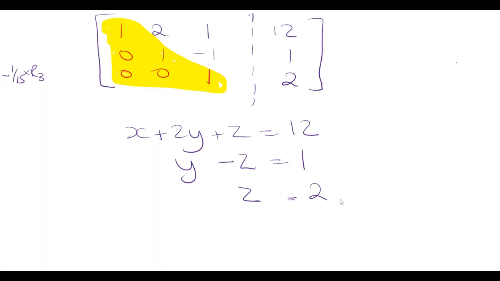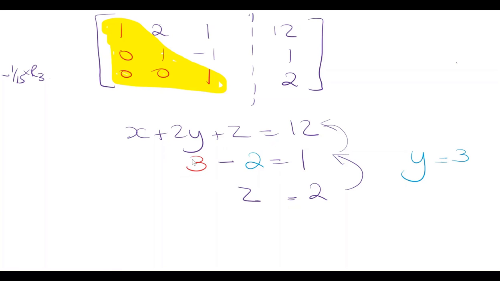So this works backwards now, and we just work it out and substitute the values back in. So if z is 2, this means that y minus 2 is equal to 1. So our value for y, so y is going to be 3. So now I can substitute in my value, 3.